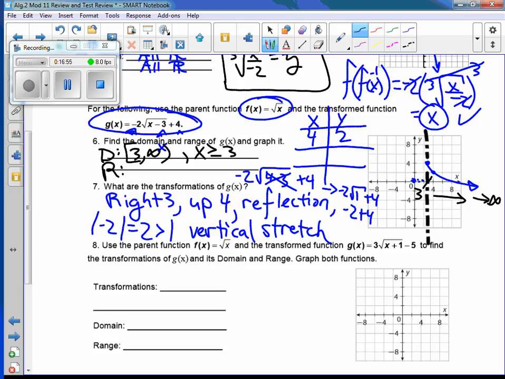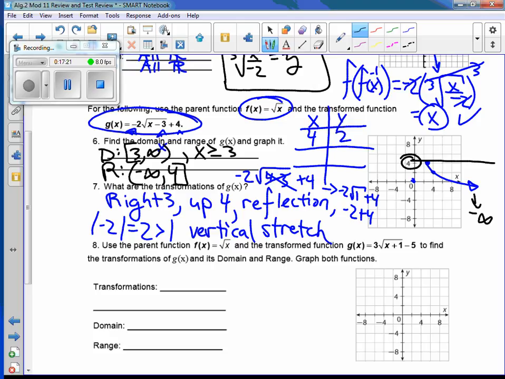Now the range is your y values. Now you notice that this graph over here keeps going downward forever and ever. It never ever stops. So what that tells us is that this graph is going to keep going downward slowly, little by little, to negative infinity. And what's the largest y value? The largest y value it touches is 4. So it's from negative infinity to 4.